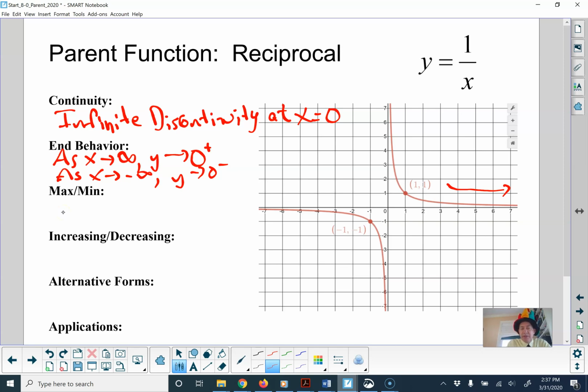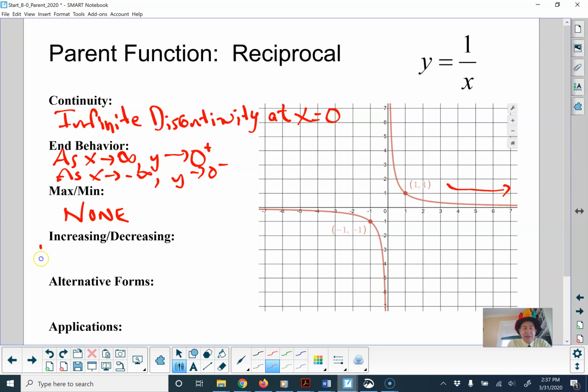The max-min points, there aren't any. Think about whether you think this graph is increasing or decreasing, because it's a peculiar answer. There's actually no place where, if you walk left to right, it's going up. It is always going down. It's always decreasing left to right. It does have a discontinuity at 0, like you know.